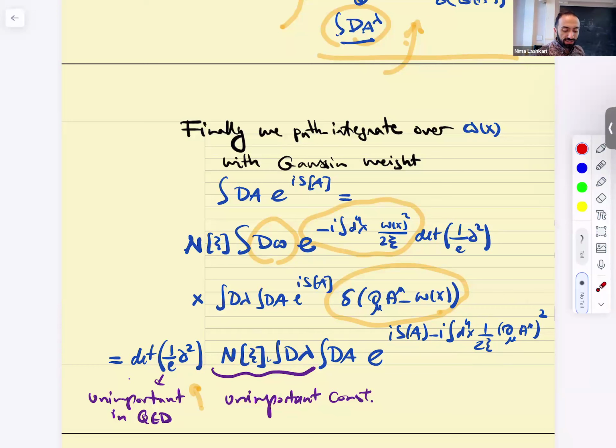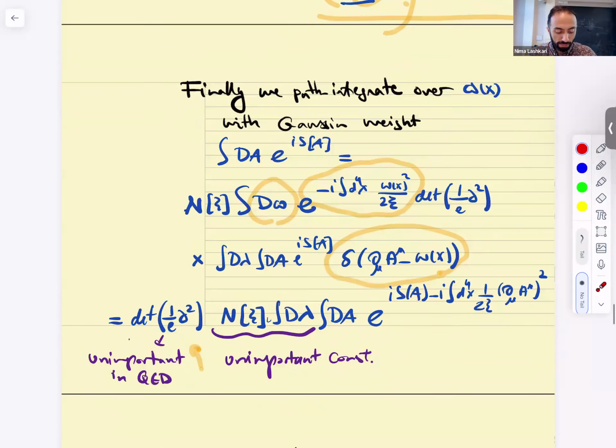These two are constants. This is just like the volume of the gauge group times the volume of space-time that I want to discard. So it's all good. This is the origin of the R-xi gauge. This is QED, right? We want to do this exact same thing for QCD and get to your question.